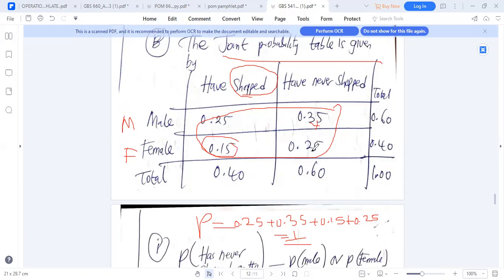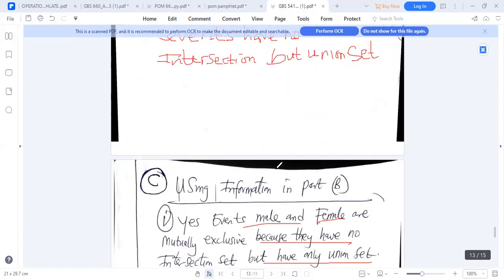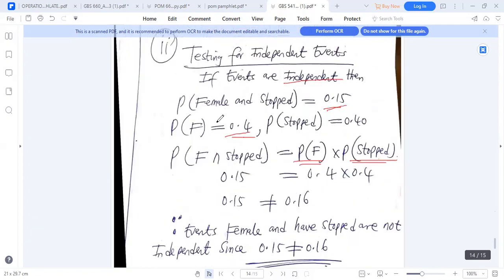So when events are independent, we can multiply: the probability of female and shopped is 0.15, and we carry out a test by multiplying.